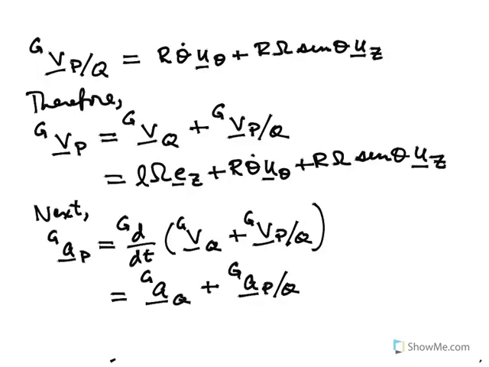So now let's take the rate of change in reference frame D of the velocity of P relative to Q in G. What's that equal to? Well, in order to do that, I have to go back to the expression for the velocity of P relative to Q in G, and it's equal to r theta dot u theta plus r omega sine theta uz.